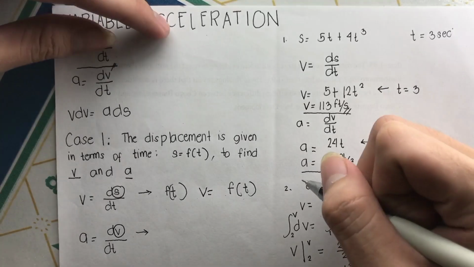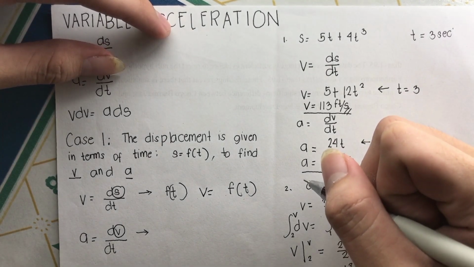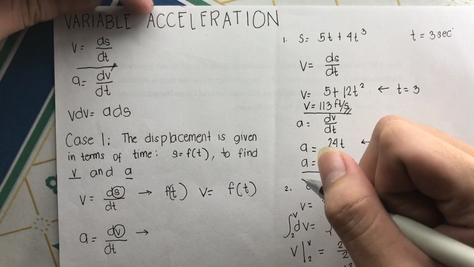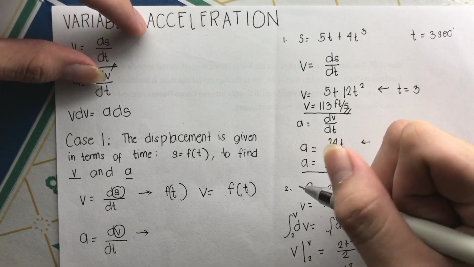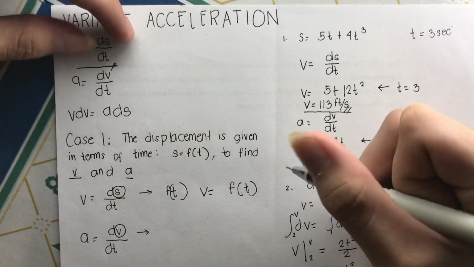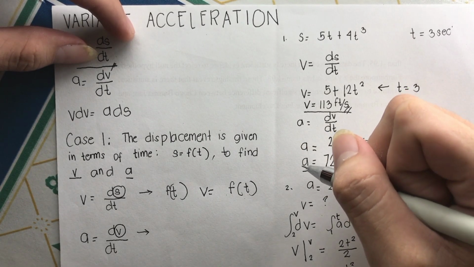Case number 1. The displacement is given in terms of time. Displacement equals a function of time. So to find velocity and acceleration, we must use this formula, which is velocity equals the derivative of displacement with respect to time.